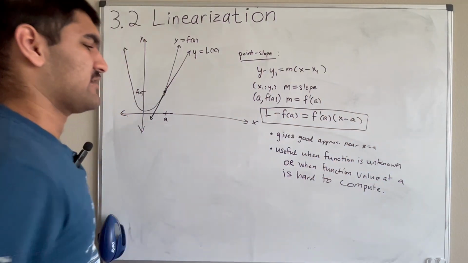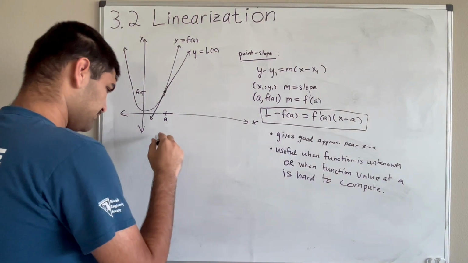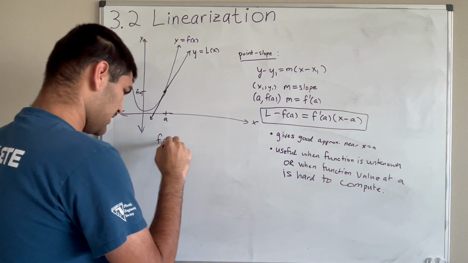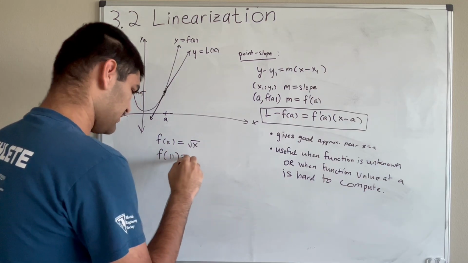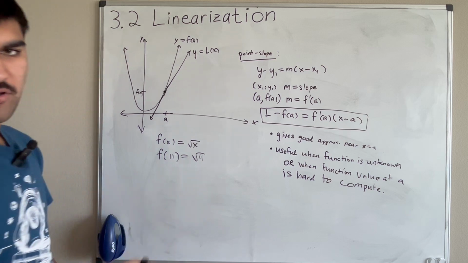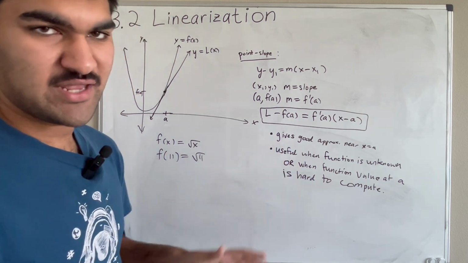So what do I mean by the second point? When the function value at a is hard to compute. Well, suppose we have some function f of x equal to the square root of x, and you want to evaluate f of 11. Computing the square root of 11 is pretty hard, especially by hand, assuming we don't have any calculators or anything.